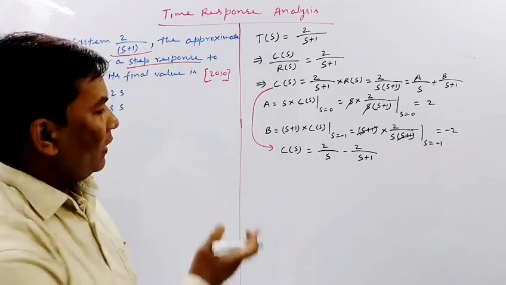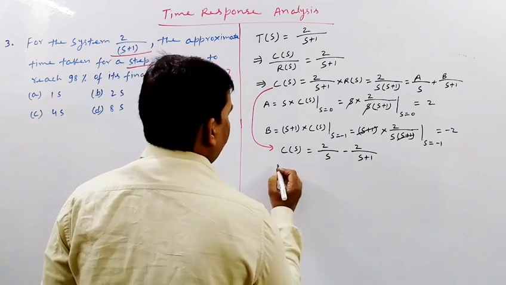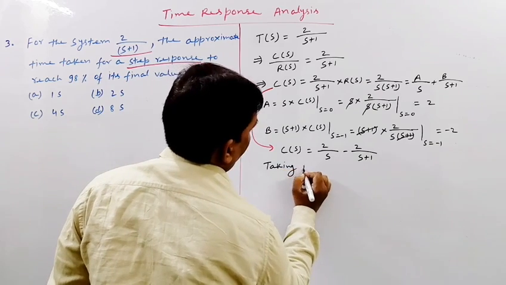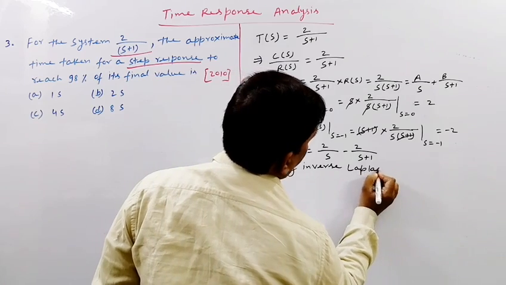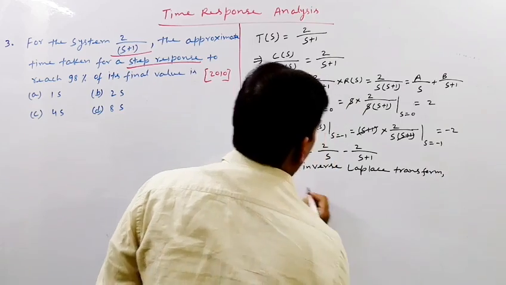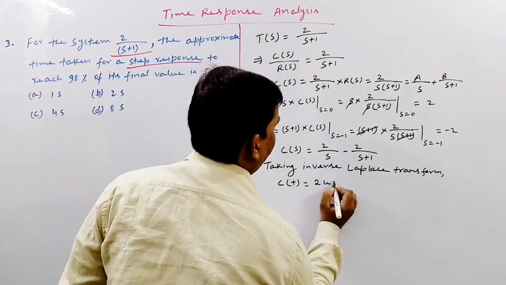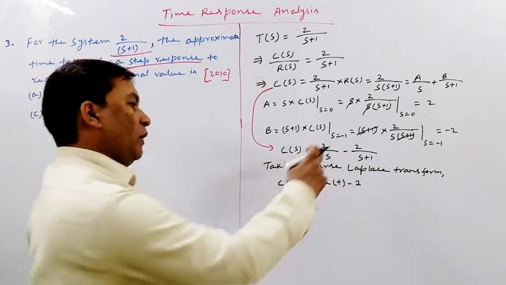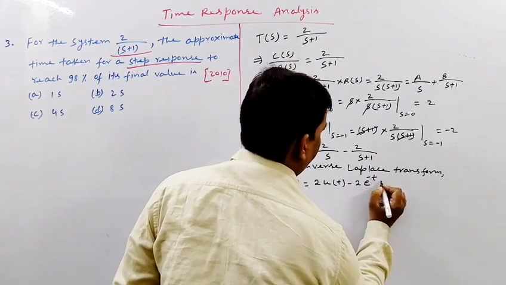Now if we take the inverse Laplace transform of both sides, we get c(t) equal to 2u(t) minus 2 into, since it is 2 divided by (s plus 1), e to the power minus t will come here, e to the power minus t u(t).